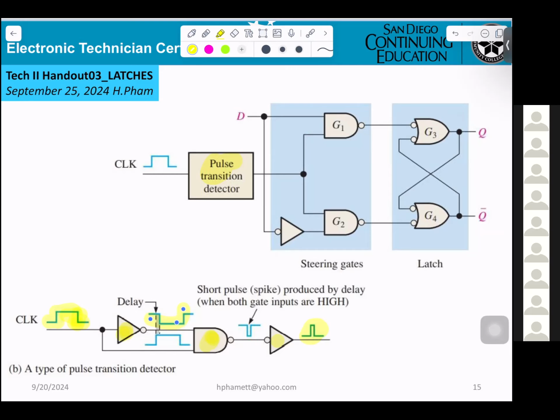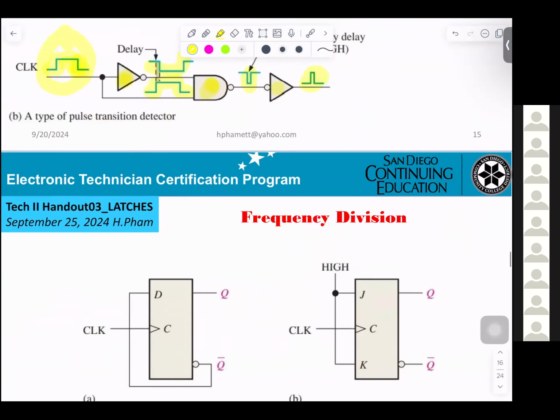And then another one goes to the NAND gate, so that's why they are opposite. You get a small one. When you go through the inverter again, you get the opposite. So this will be a big one, and this will be a narrow one. You don't have to do anything with that.